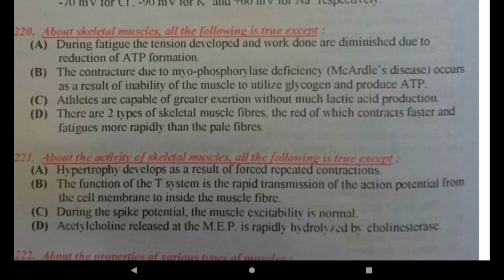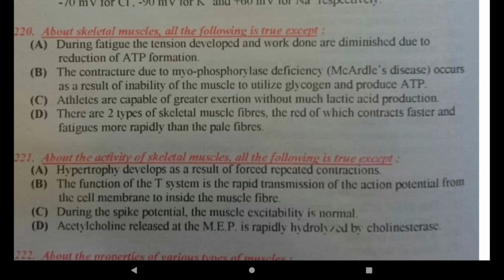About skeletal muscles, all the following is true except: A. During fatigue, the tension developed and work done is diminished due to reduction in ATP formation. B. The contracture due to myophosphorylase deficiency occurs as a result of inability of the muscle to utilize glycogen and produce ATP.